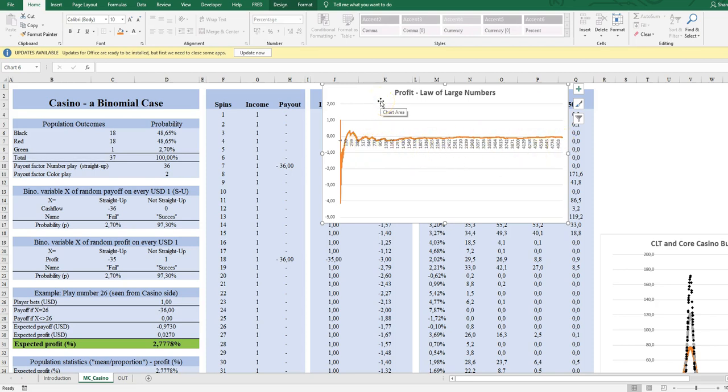And this mathematical relationship can be used to calculate the lock-in status of the profit. So at which number of spins can the casino expect to have, say, a 99% chance of achieving the average profit of 2.778.